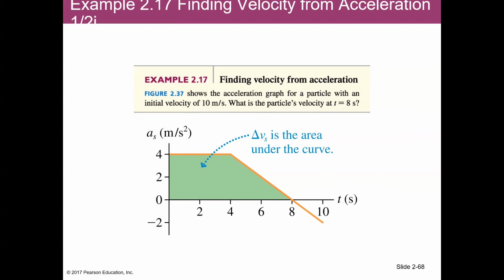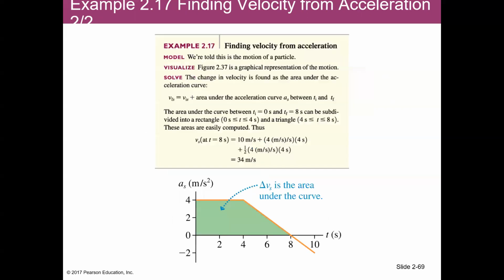Now we're slowing down, but we're still moving in that direction. So it's kind of weird to think of this graph where we speed up, and then we're still speeding up, but the rate at which we're speeding up is slower. And then eventually, after 8 seconds, we're literally just slowing down, but we're not turning direction yet.